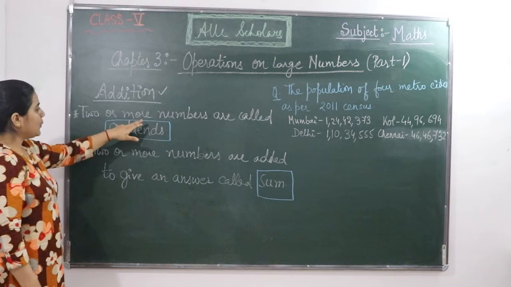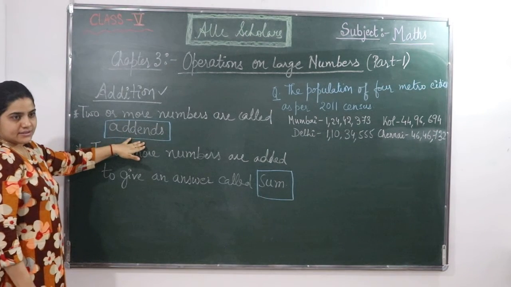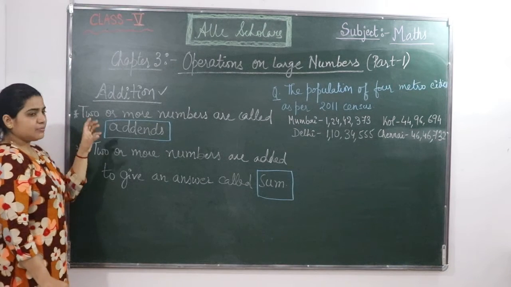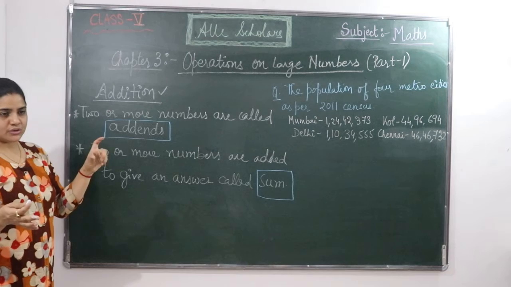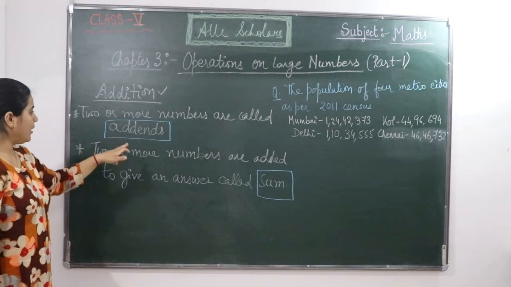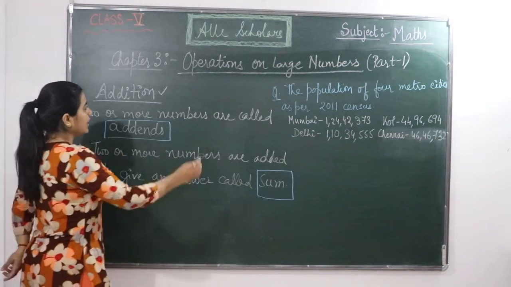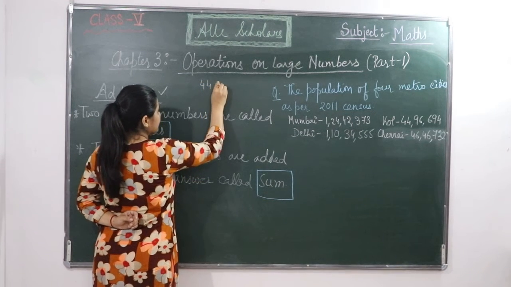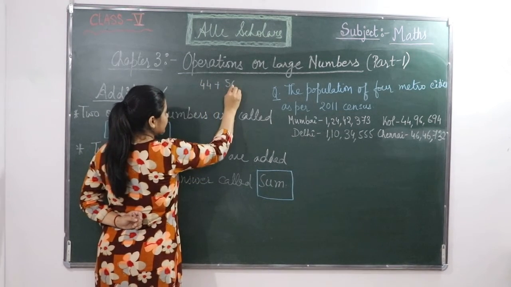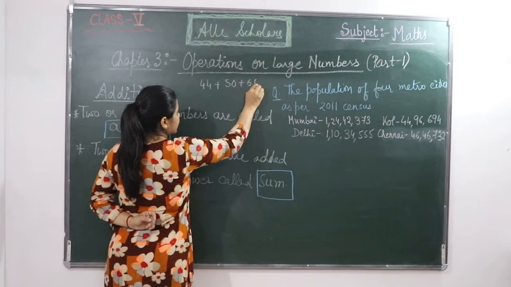Two or more numbers are called addends. It can be two numbers which we are adding, or it can be more than two numbers. These numbers are called addends. Suppose for example you have to add 44 plus 50 plus 60.